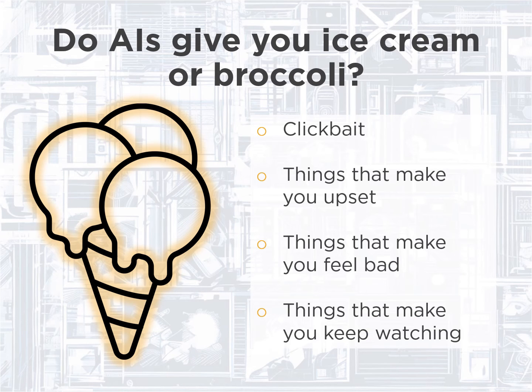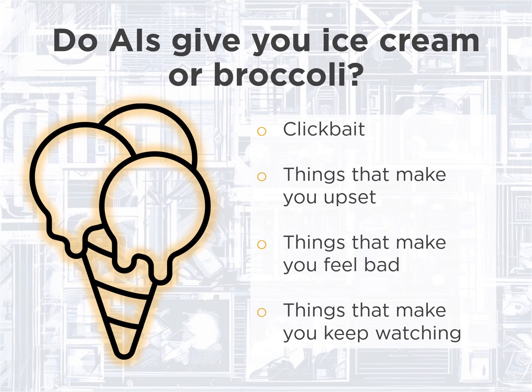What are some examples of ice cream that the algorithms in your life give you? Things that aren't good for you in large amounts, or maybe not good for you at all. What things does the algorithm feed you that make you feel worse afterward? You might think of things like clickbait or fake news, things that seem really exciting but are untrue or misleading.